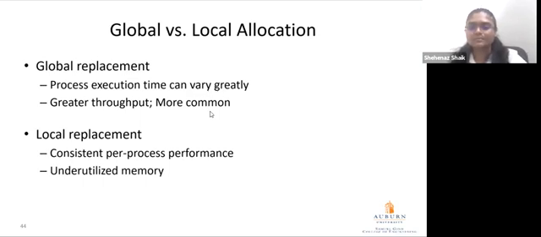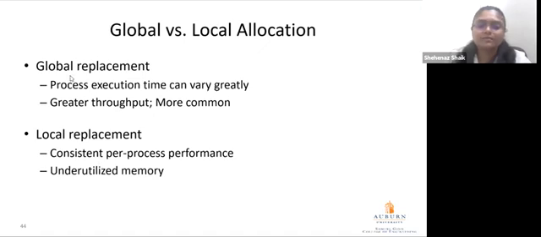So these are two different page replacement policies. Clearly, as we can see here, if we have the local replacement policy implemented, then each process continues to have the same number of memory frames allocated to it at all times, as long as the process is executed.